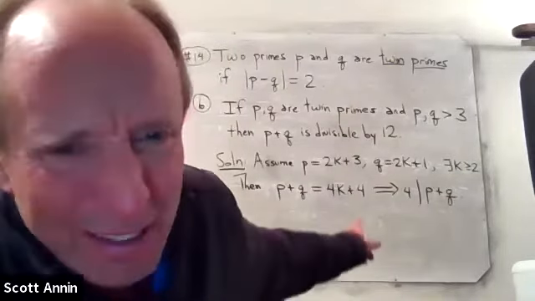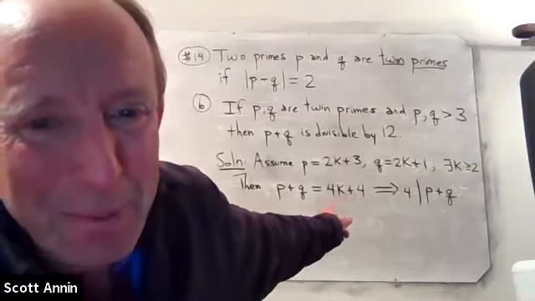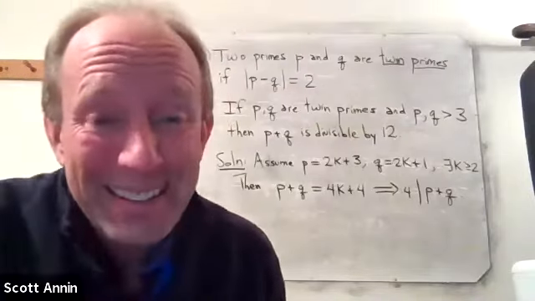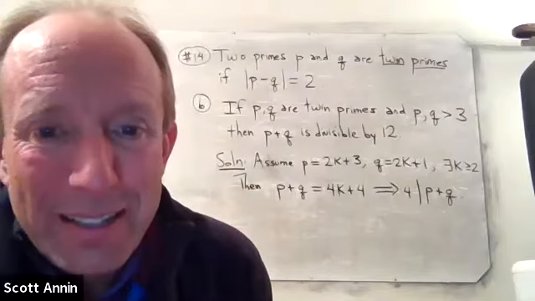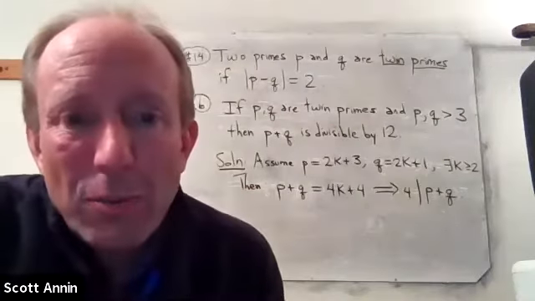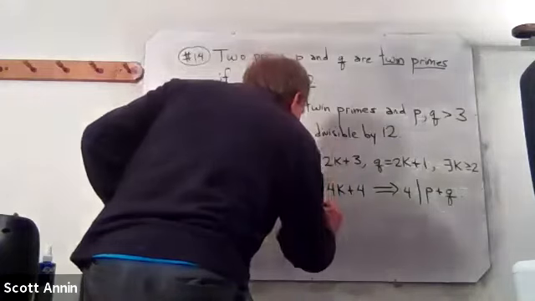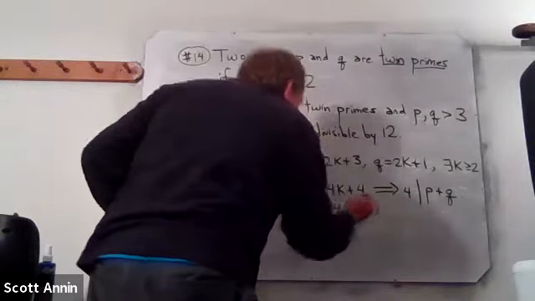Now, it doesn't look nearly as obvious, to me at least, that P plus Q is divisible by 3 right now. So it's a little bit hard to say what we're going to do. What we could do here is say, look, this is 4 times the quantity k plus 1.